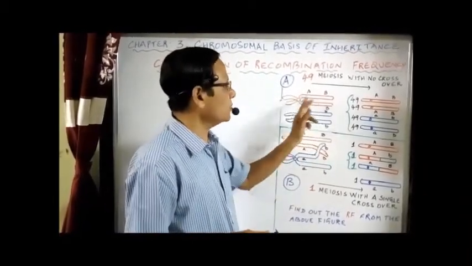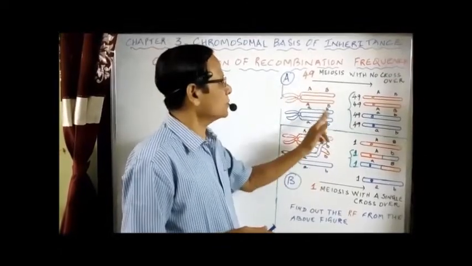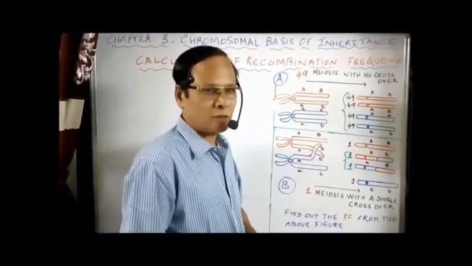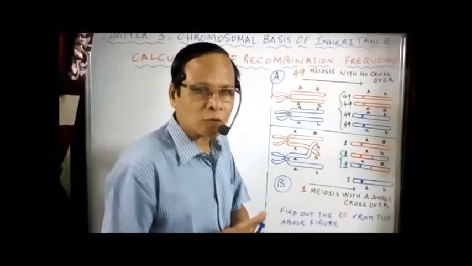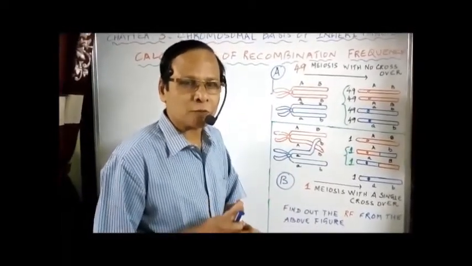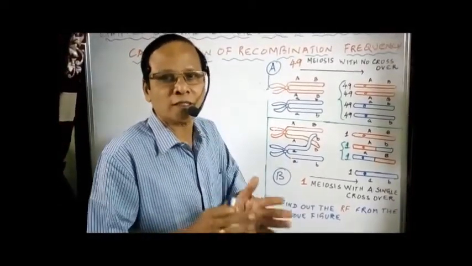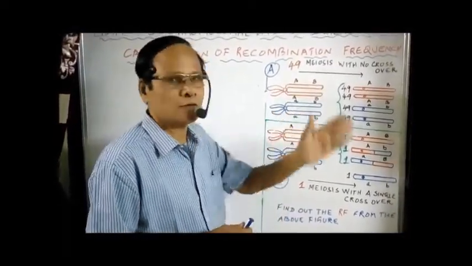For example, one meiotic division normally produces 4, but here there are 49 meiotic divisions. So the total number of progenies or offsprings produced because of 49 meiosis is equal to 196, that is 49 into 4.